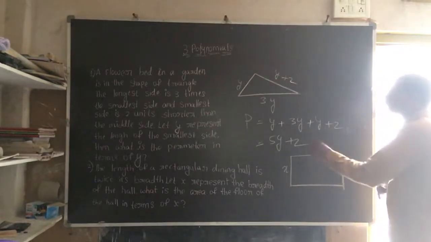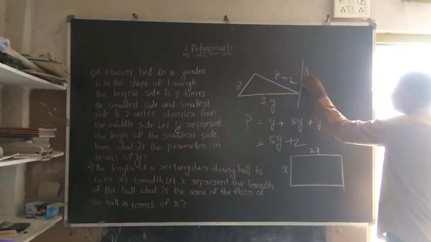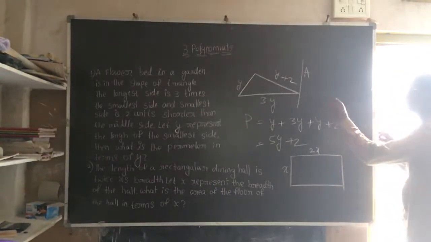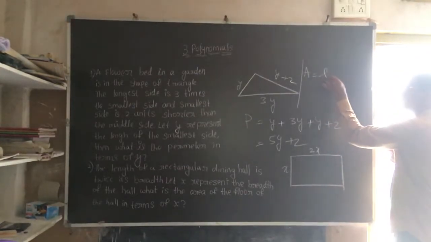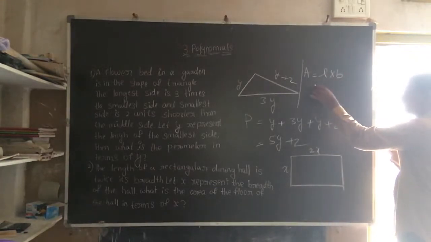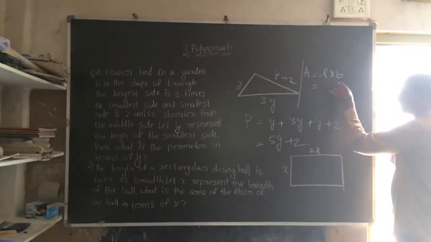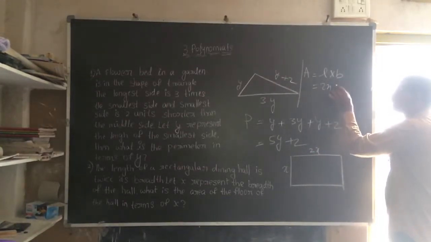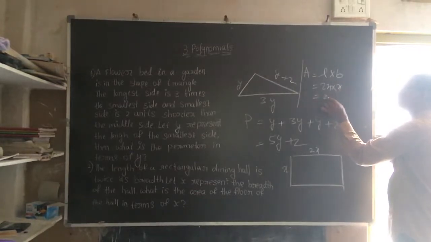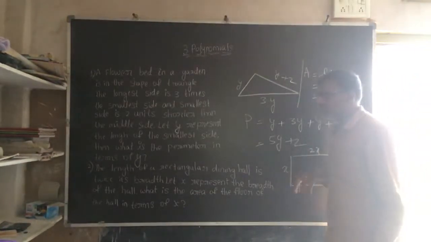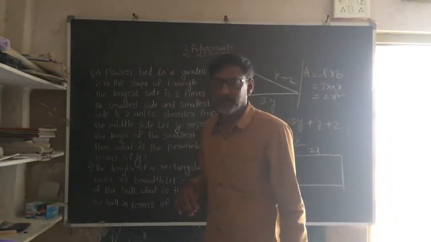We know the area of a rectangle is length into breadth, right? L stands for length, B stands for breadth. Here my length is 2x and breadth is x. 2 times x is 2x squared. This is also a polynomial.